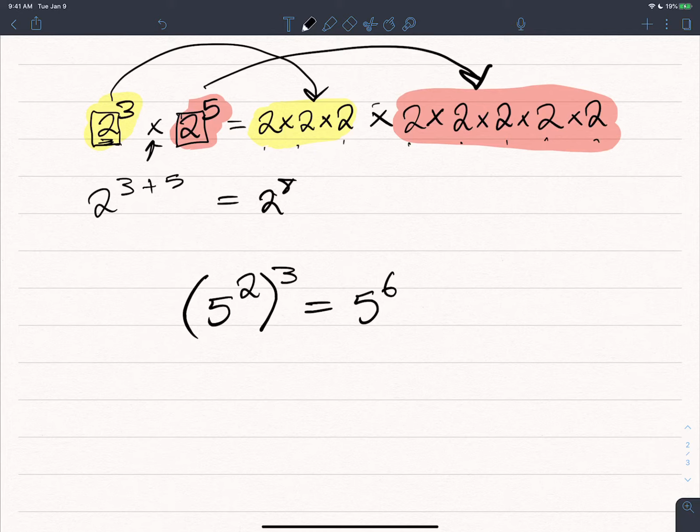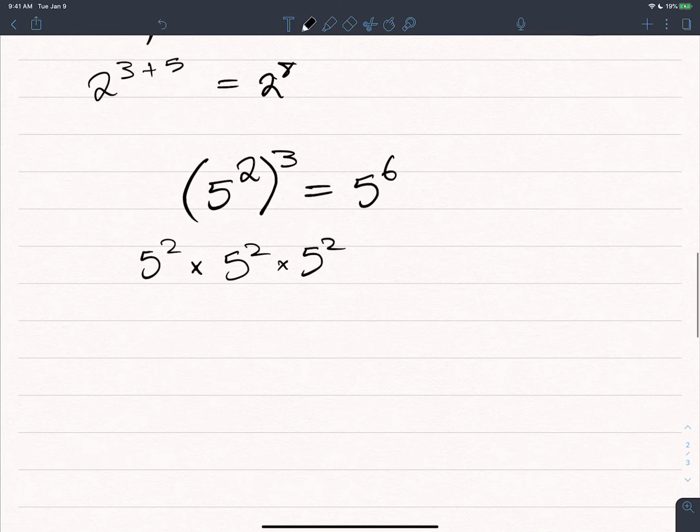So 5 squared cubed would be 5 squared times 5 squared times 5 squared, which would be 5 times 5 times 5 times 5 times 5 times 5. How many 5s are there? There are 6 of them. And that's the reason why we can just multiply the exponents if we run across this kind of scenario.